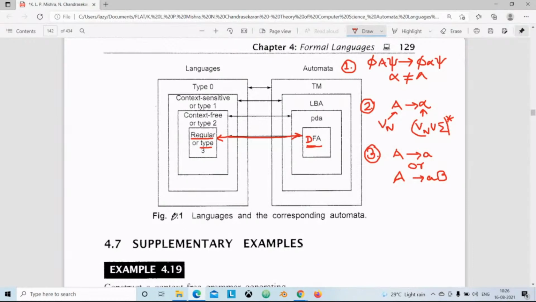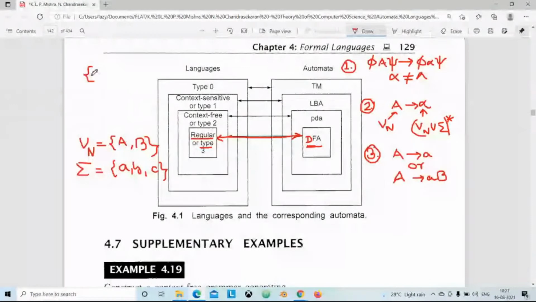इसका मतलब वीएन यूनियन सिग्मा स्टार का मतलब ये है कि let suppose Vn is a set of variables. Okay, let us say variables you have taken A, B, something like that. And your sigma is the set of terminals, okay, a, b, c, something like this. So on the right hand side, you can have any combination of these two, along with empty. आ रहा है समझ में? जैसे पहले हम 0, 1 स्टार लेते थे.